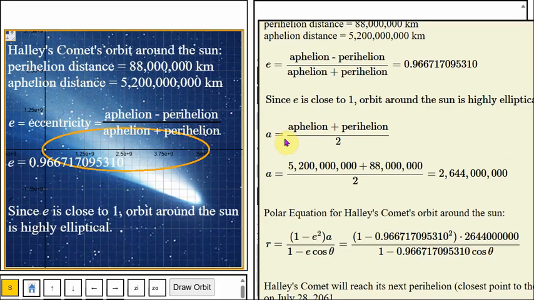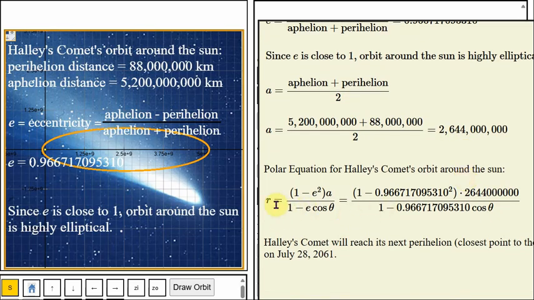As I mentioned earlier, A is calculated as the aphelion distance plus the perihelion distance divided by 2. And so for Halley's Comet, A will be 2,644,000,000. And this is the polar equation for this ellipse: 1 minus e squared times a, divided by 1 minus e cosine of theta.